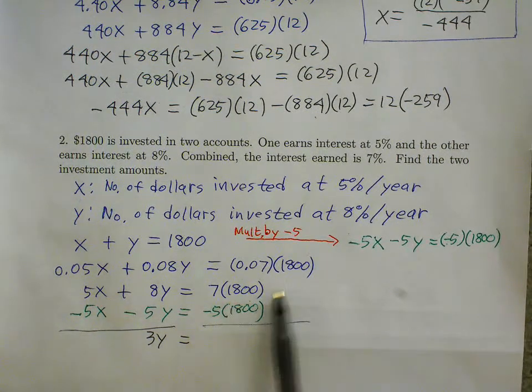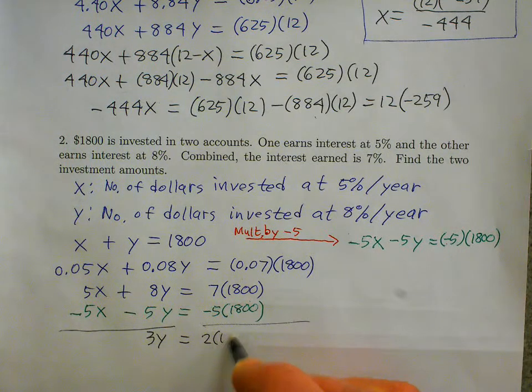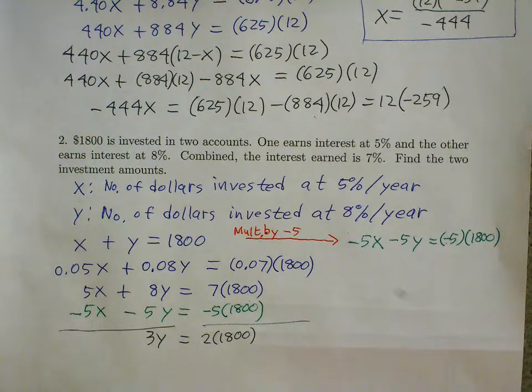And when I add 7 times 1800 to -5 times 1800, I can write that as 2 times 1800. You see how that works?